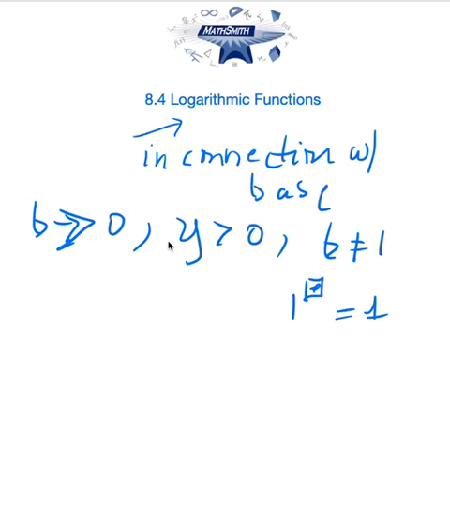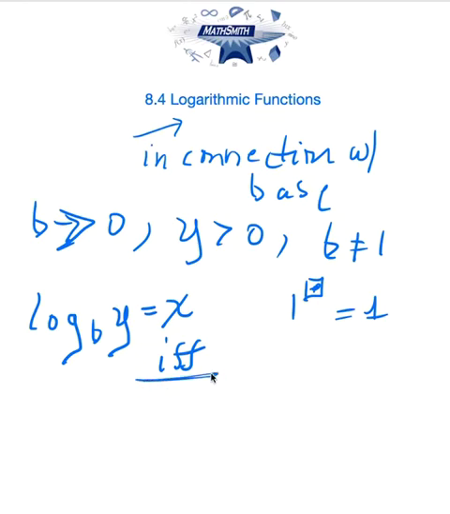It says the logarithm of y with base b is denoted by log base b of y, and is defined as follows. So log, which is short for logarithm, with a little subscript b, of some number y equals x, if and only if b to the x equals y.